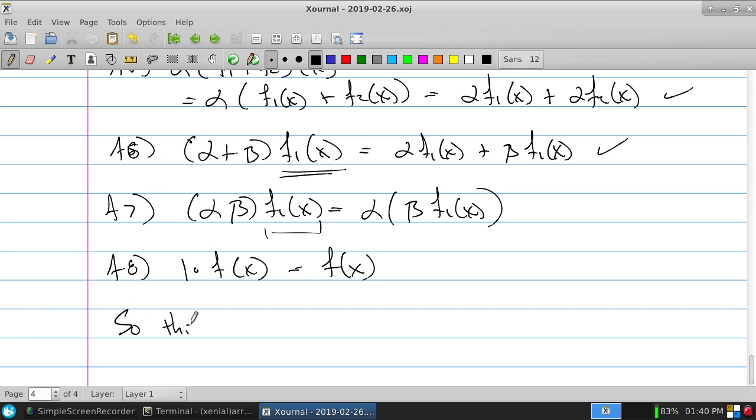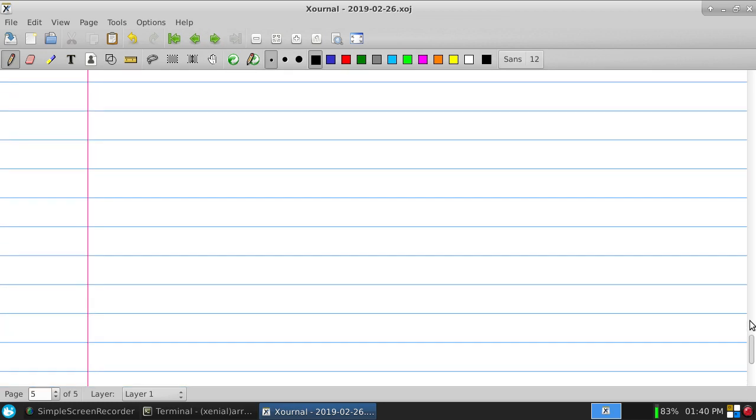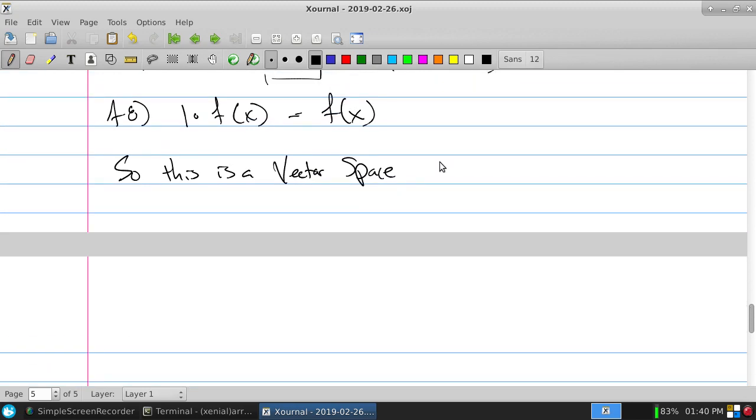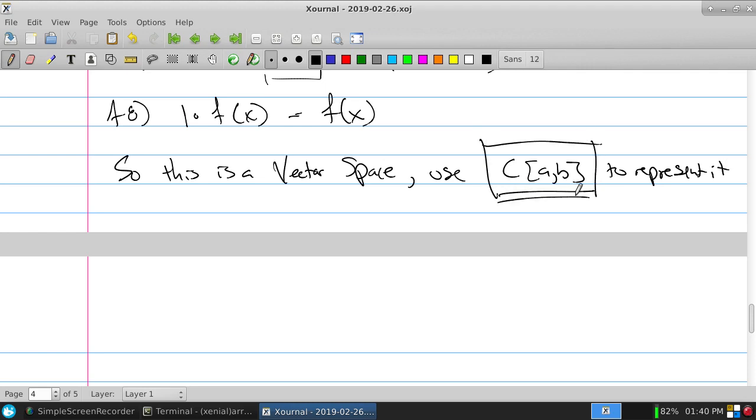So this is a vector space, and things that end up being special usually get their own name, and we use C[a,b] to represent it. What's the capital C mean? Continuous. What's [a,b]? It's over [a,b]. It's the set of all continuous functions over [a,b] with the normally defined operations.